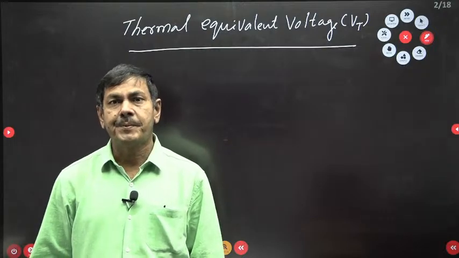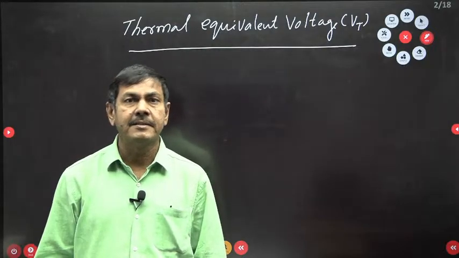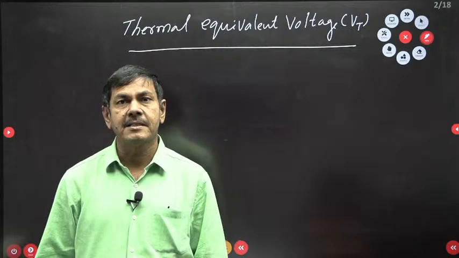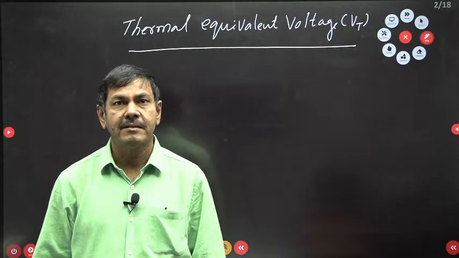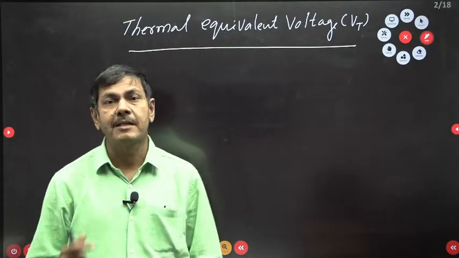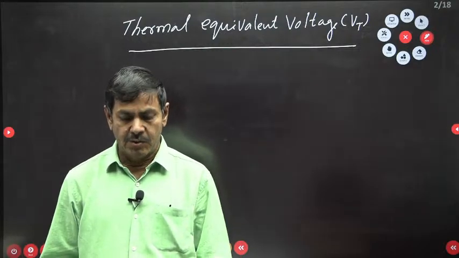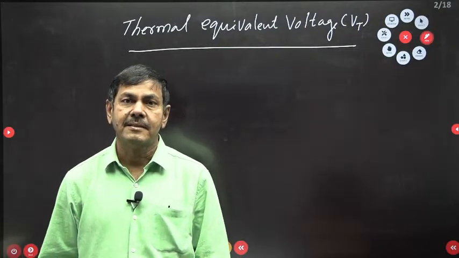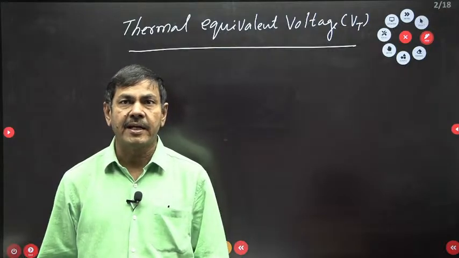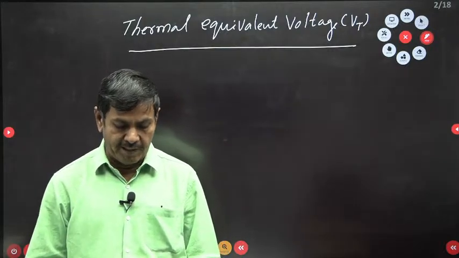Even in a PN junction diode, or in semiconducting materials, even in BJT, we are going to use this thermal equivalent of voltage. So at any temperature, you can determine the equivalent voltage by using the formula I will give here.